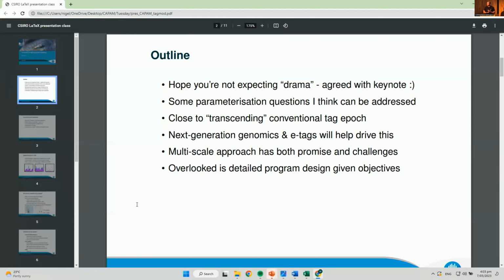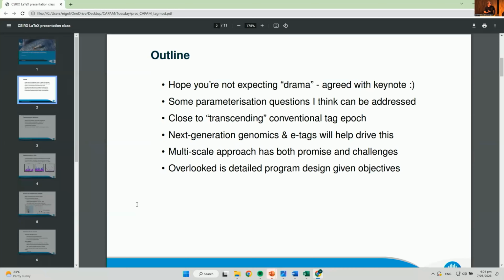We've got genomics and we've got electronic tags as well. So I think next generation technology, without being too much of the if Tony Stark worked on tag models thing, is kind of coming. I think the multi-scale approach does have a lot of promise, but also some real challenges, especially when it comes to the technological front and the computational front. But there's also some stuff that it's not going to solve from our perspective from the tuna.